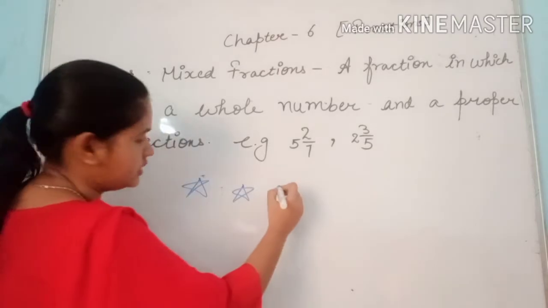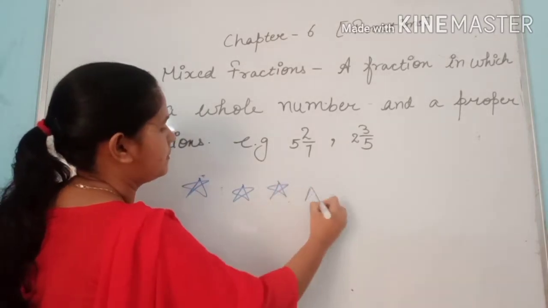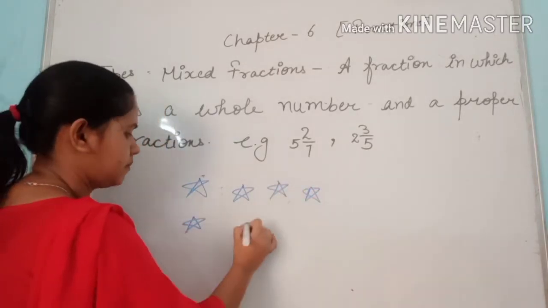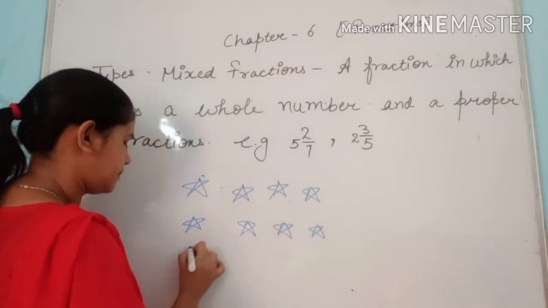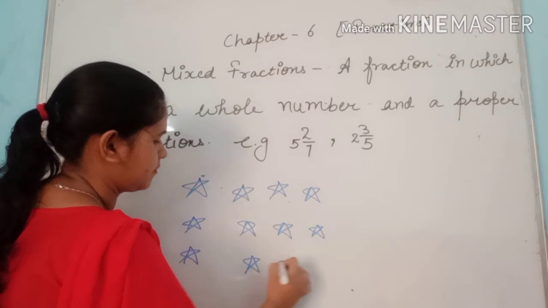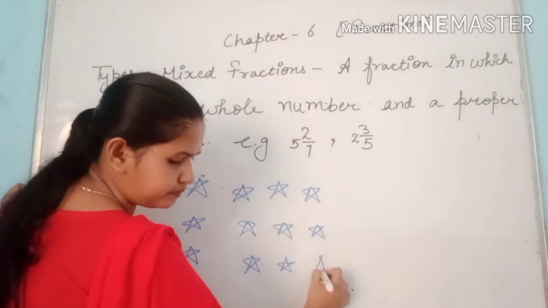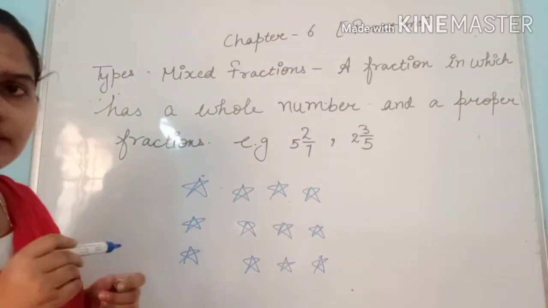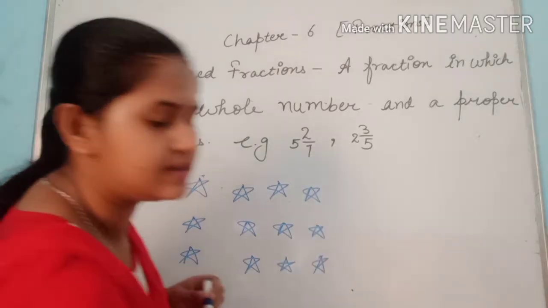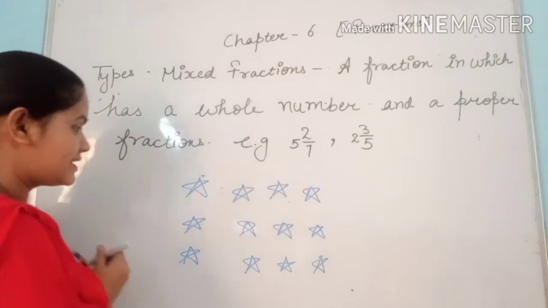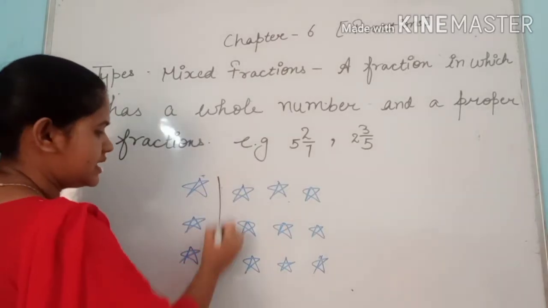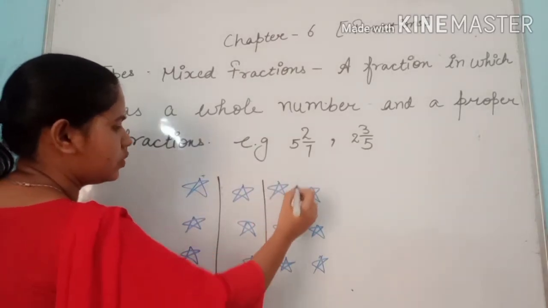For you, there are 4. Okay, now the picture is just like it. I know it's not so fine as your book.